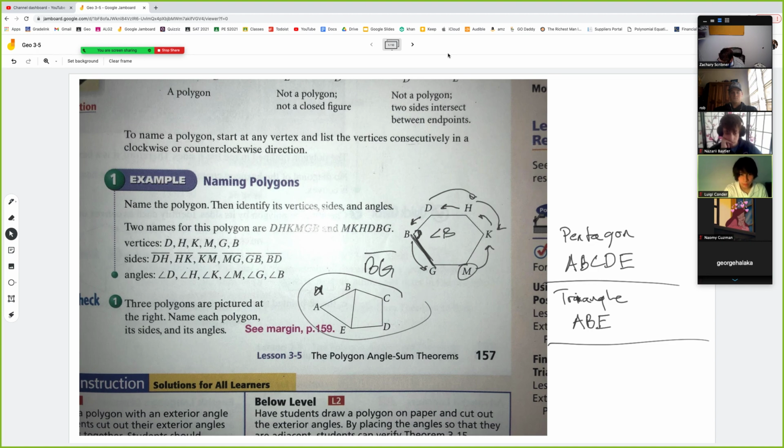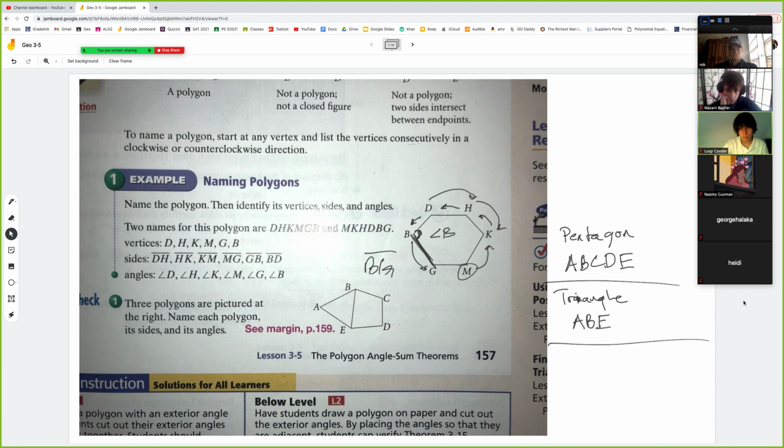Okay, Rob named the pentagon. Rob did this one. Nazari did this one. There's one left. What is it? Hexagon. Not a hexagon. Heidi, could you name? Pentagon.